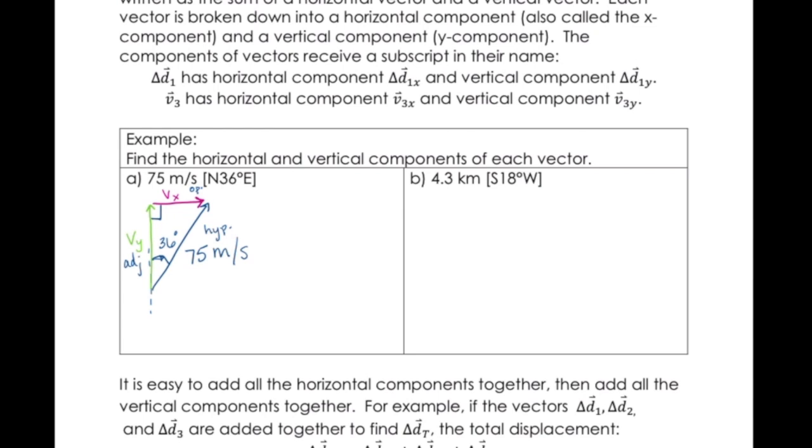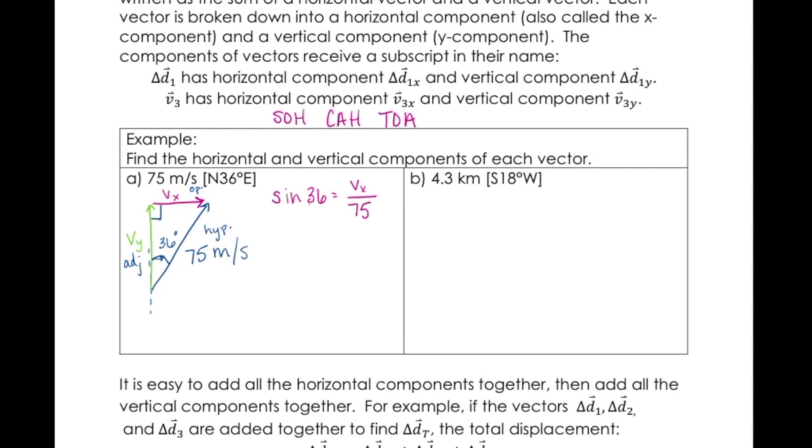We can use sine, because we do SOHCAHTOA. We're doing opposite over hypotenuse because we have the hypotenuse, so we won't be using tangent for this. So sine of our angle, which is 36, equals our opposite, so Vx, over our hypotenuse, which is 75.